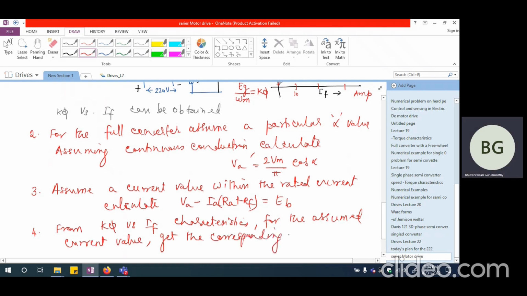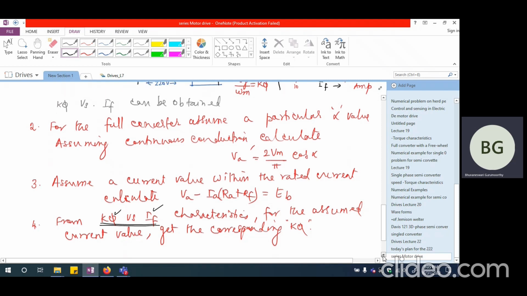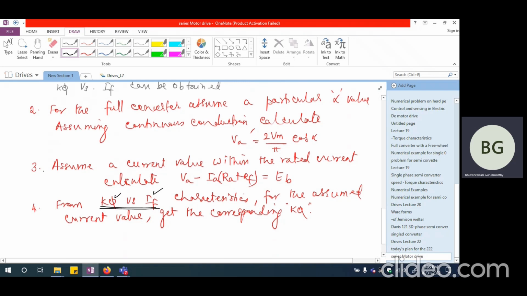So you should be able to get the K5 value by looking at the K5 versus IF characteristics, what you have obtained from the OCC. So you had divided EG by omega m, and then you had calculated K5. So you have the K5 value for every current within the range of the armature rated current.